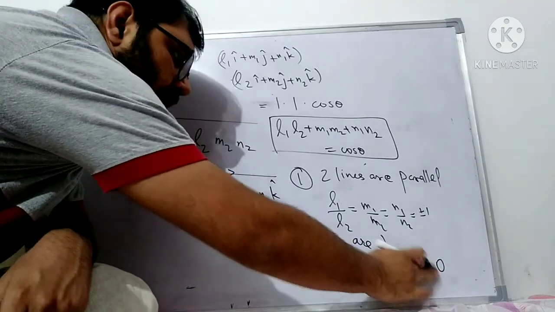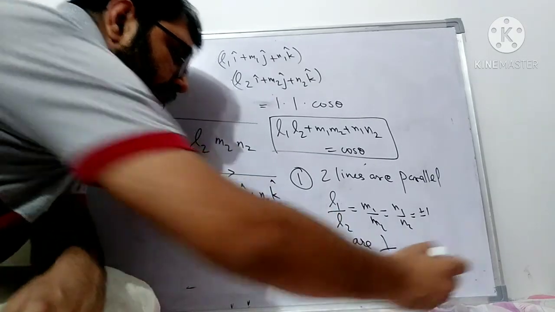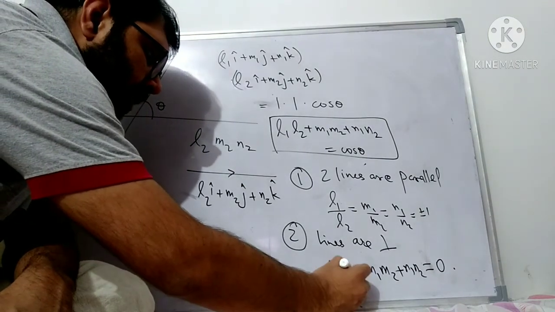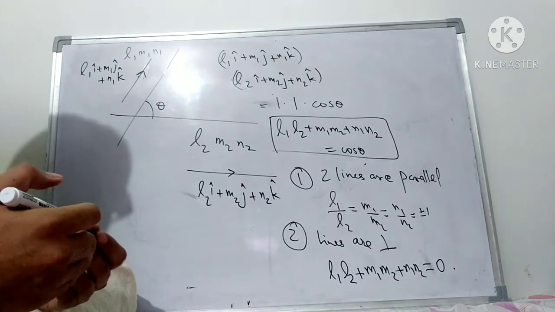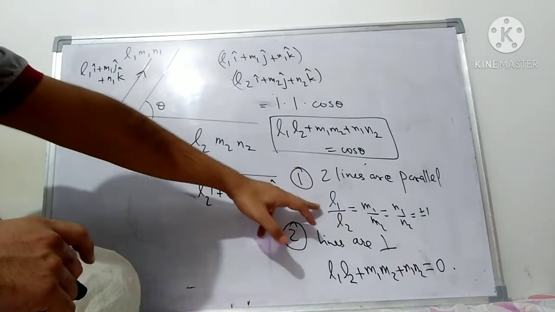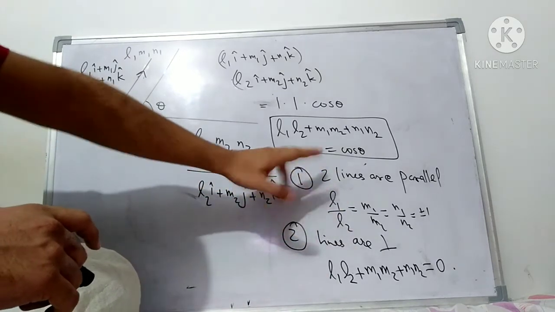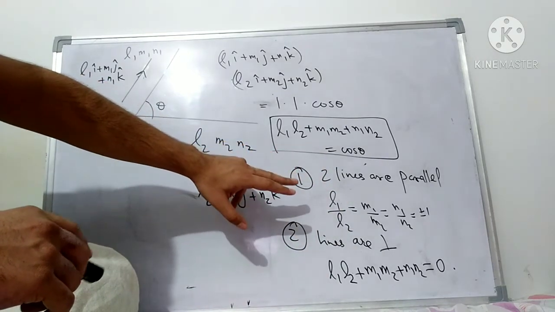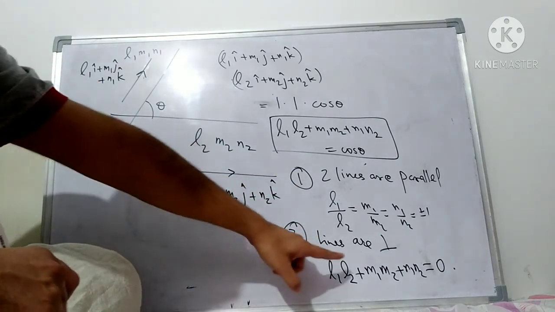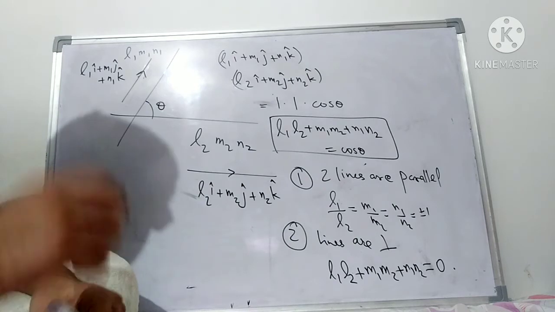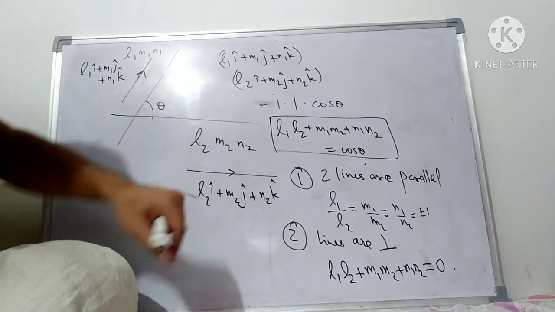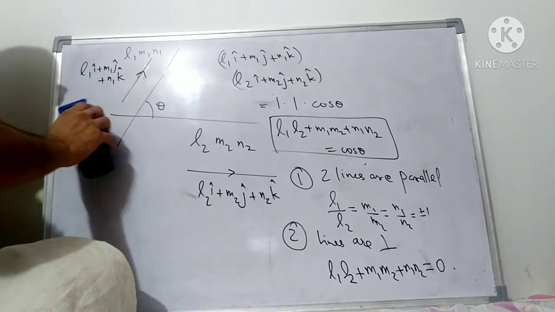Always remember these two results always hold. When two lines are parallel, the ratios of the corresponding direction cosines remain the same. And when the two lines are perpendicular, L1 L2 plus M1 M2 plus N1 N2 is equal to 0.